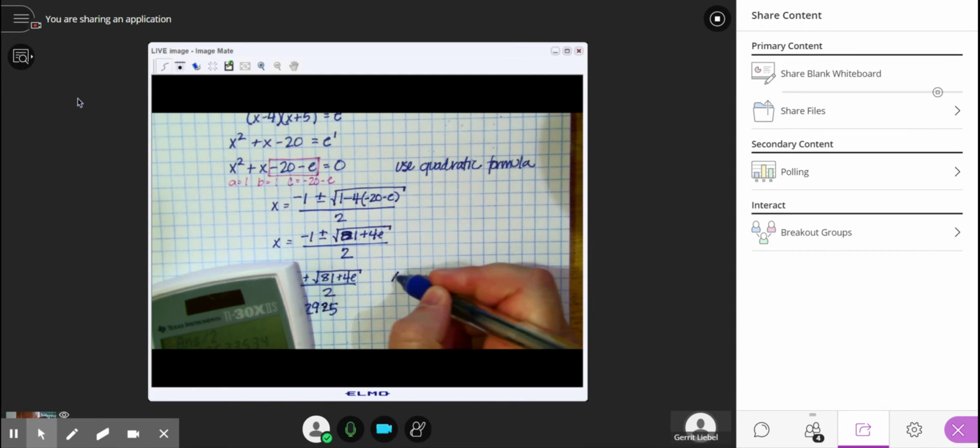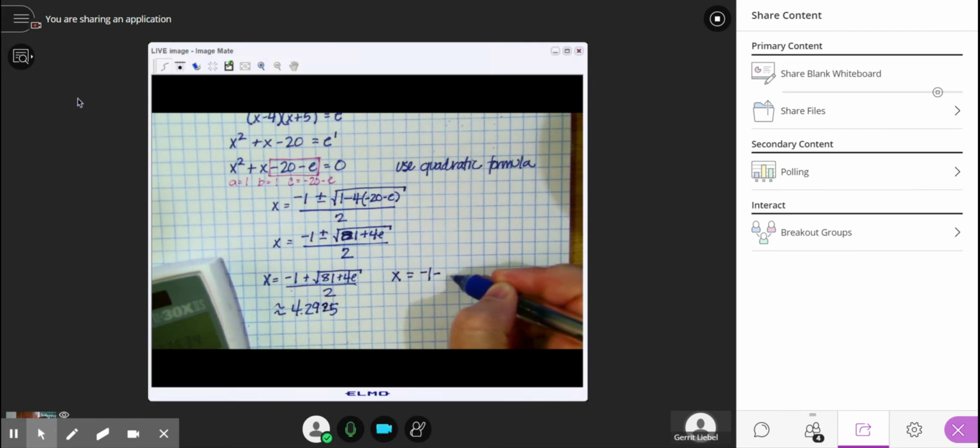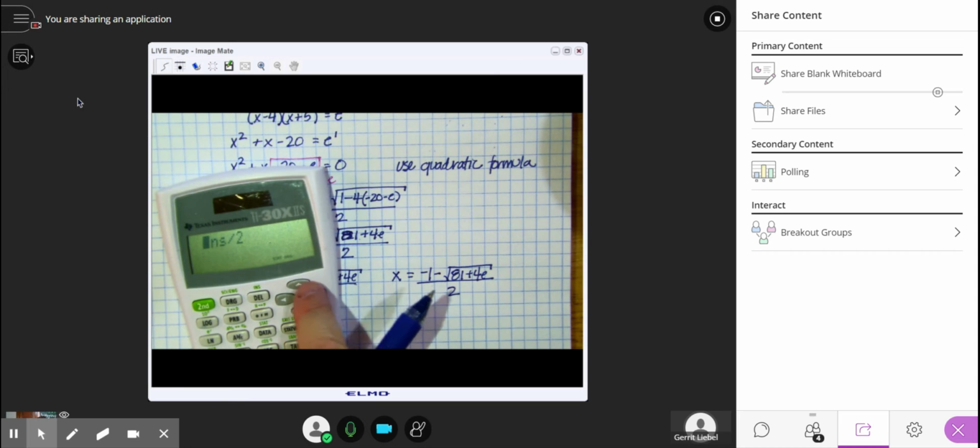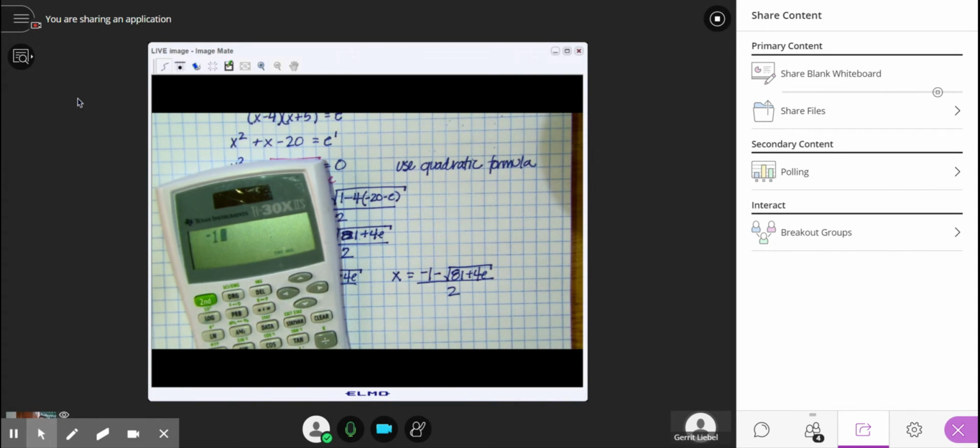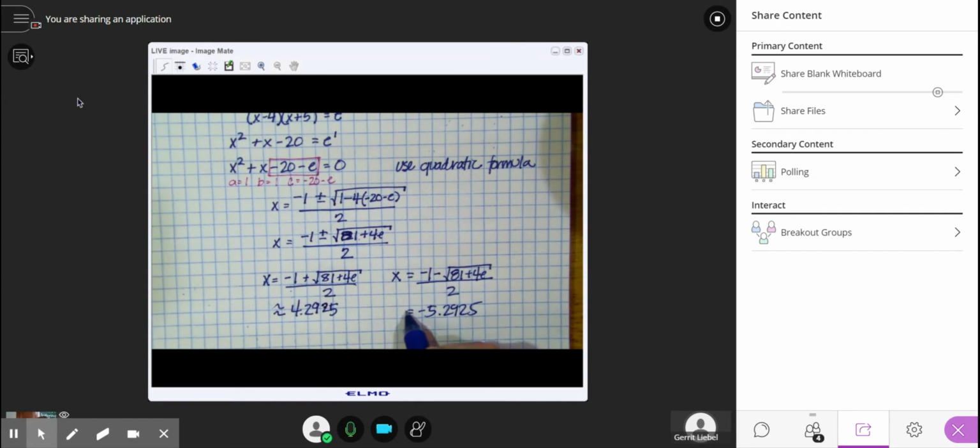And then we would also have x is equal to negative 1 minus the square root of 81 plus 4e, all over 2, which gives negative 5.2925. Huh. It should be right.